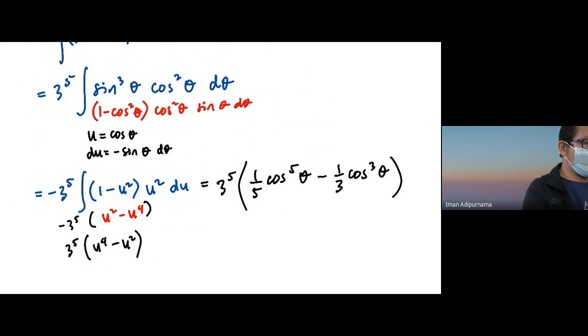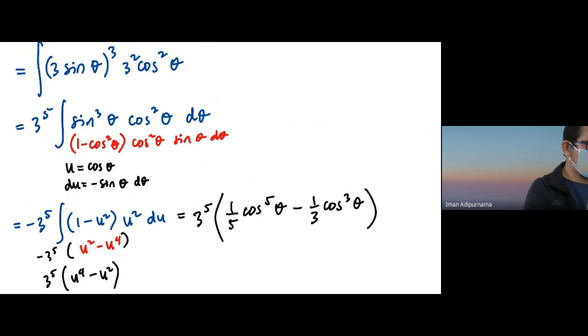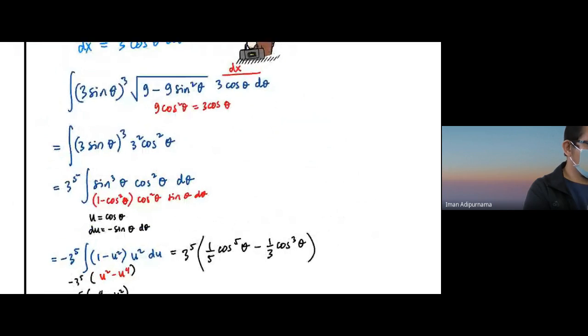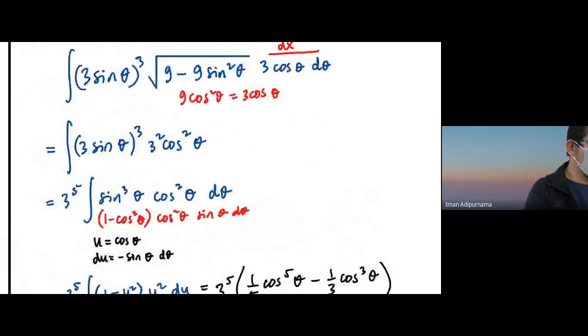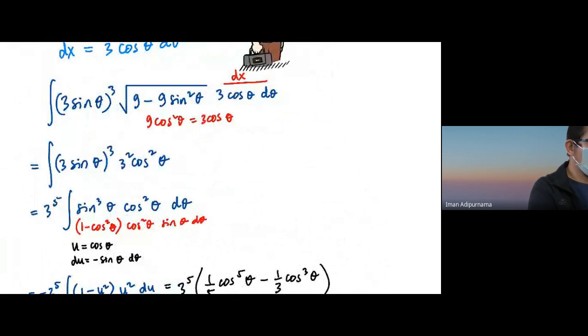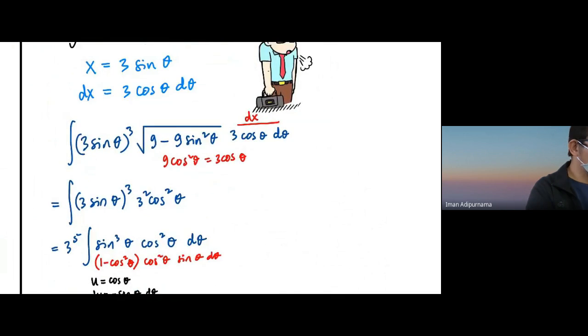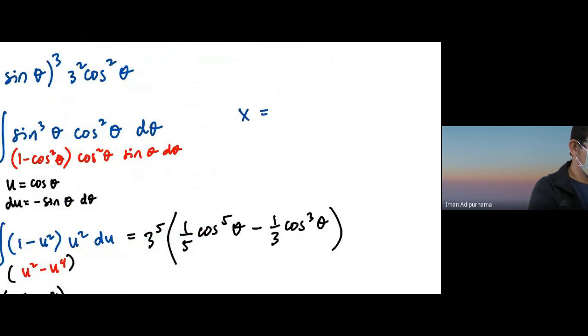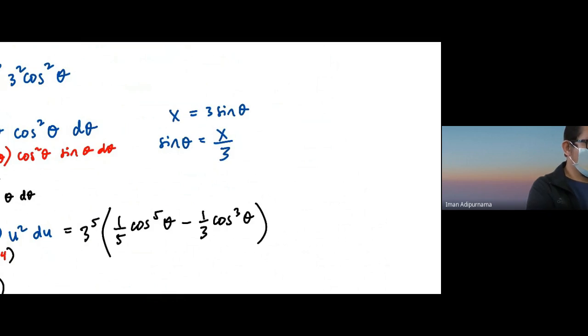Okay, now before we finish the solution, we need to go back to look at the triangle. Where's my triangle? Remember that x is 3 sine theta, or sine theta is x over 3. So take this triangle, and this is theta.